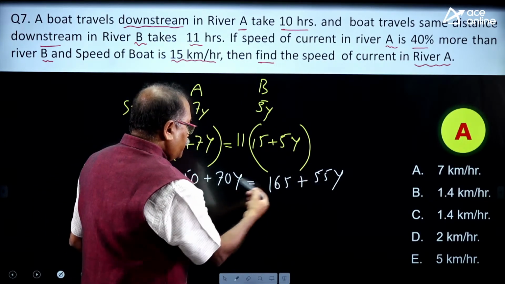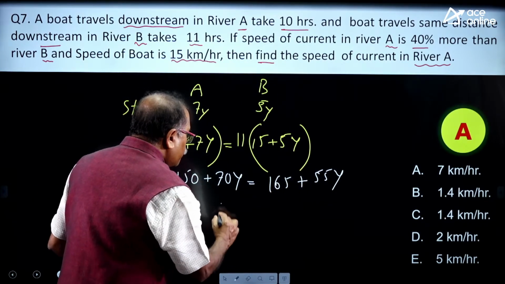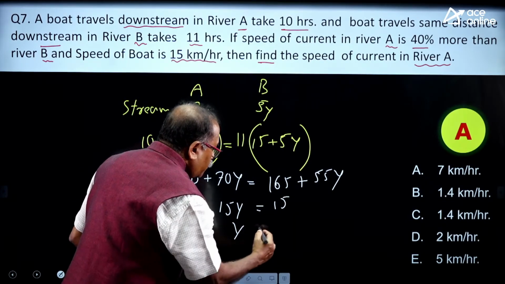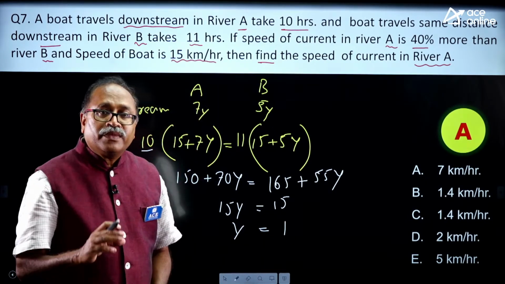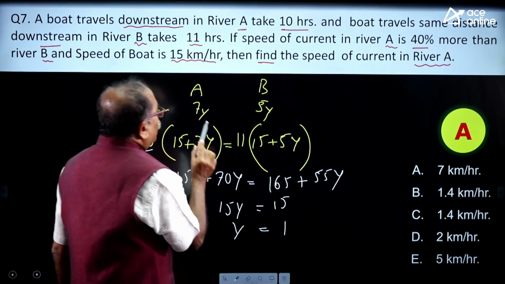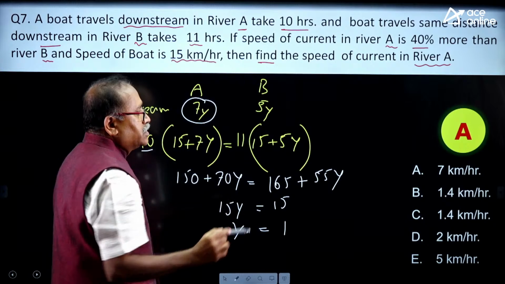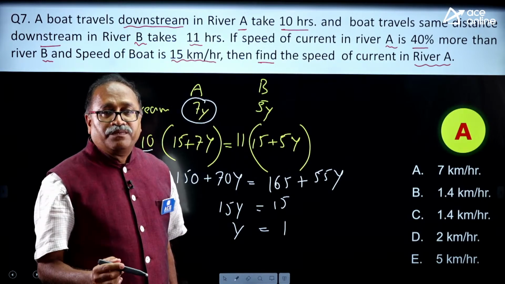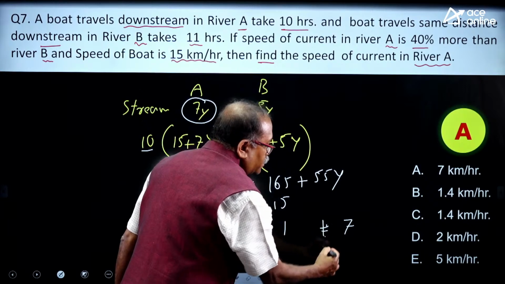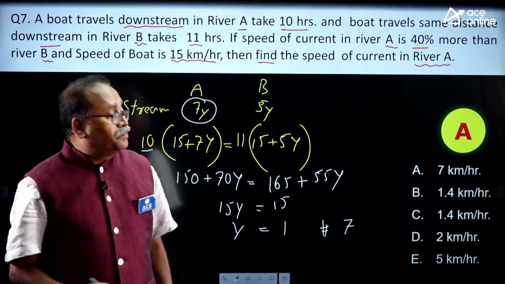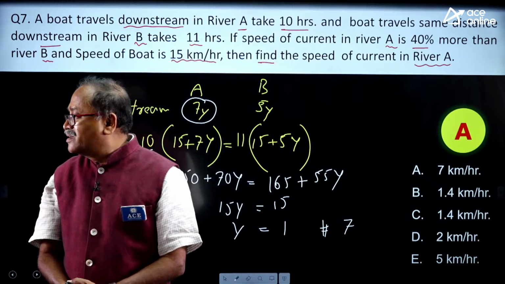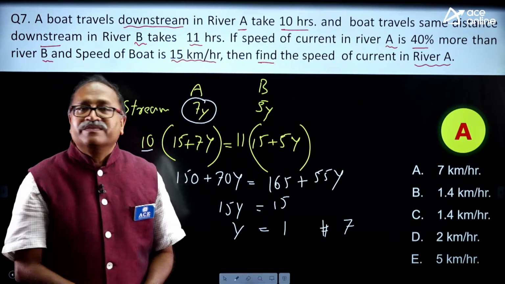From here to here it is 15y, which is equal to 15, therefore y is equal to 1. The question is to find the speed of river A, and the speed of river A is 7y, where y is 1. Then 7y will be 7. This is my required number, and that is option A. Well done, Dharani.